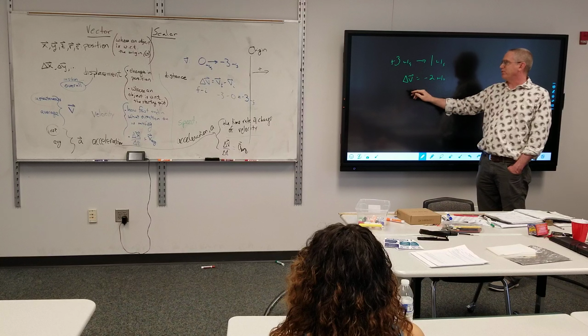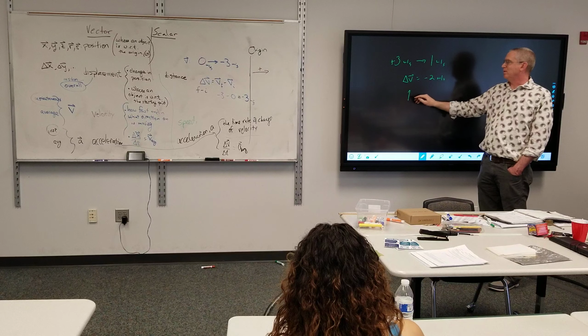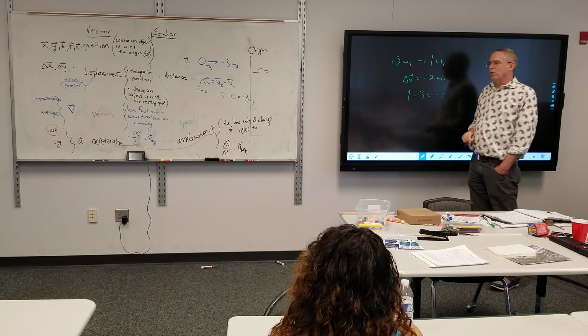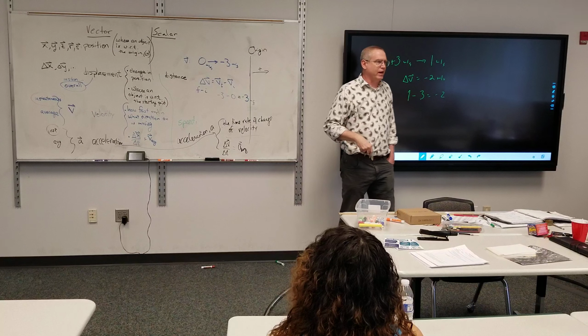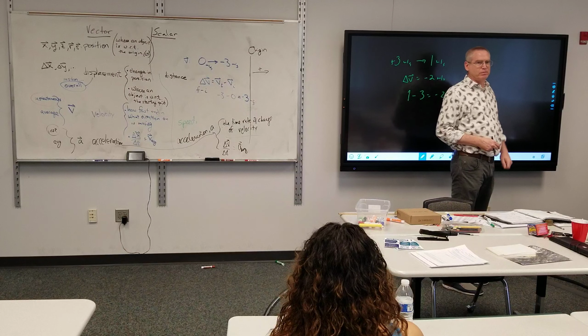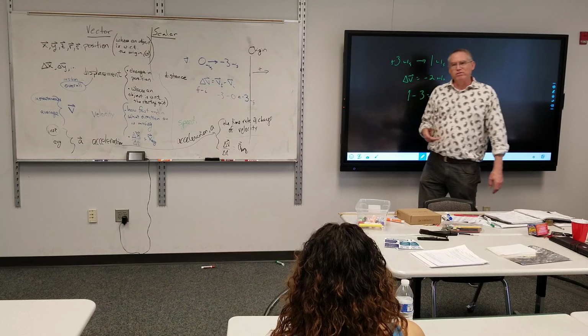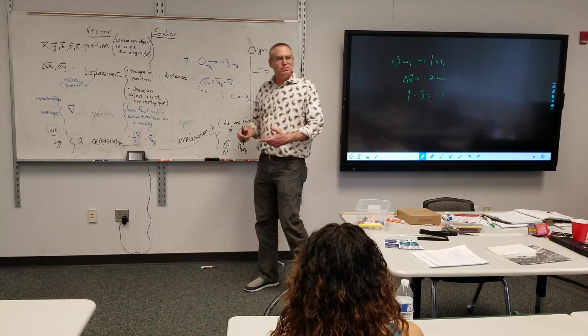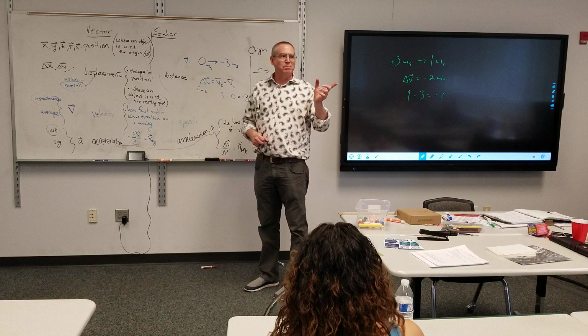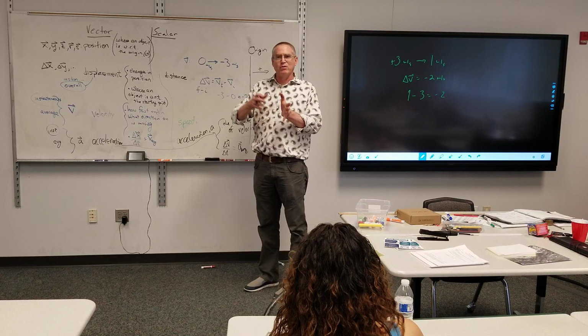You can always find it by taking the final minus the initial. So if I'm going in the positive direction and I slow down, it's a negative acceleration. If I'm going in the negative direction and I speed up, it's still negative, because my velocity is becoming a greater negative number.